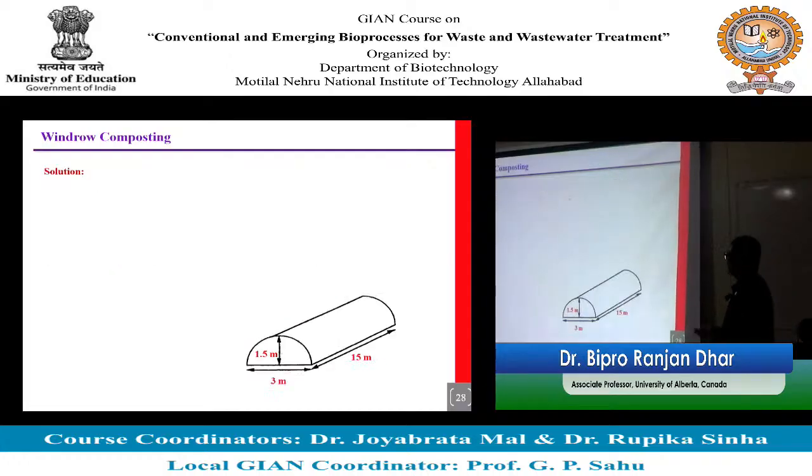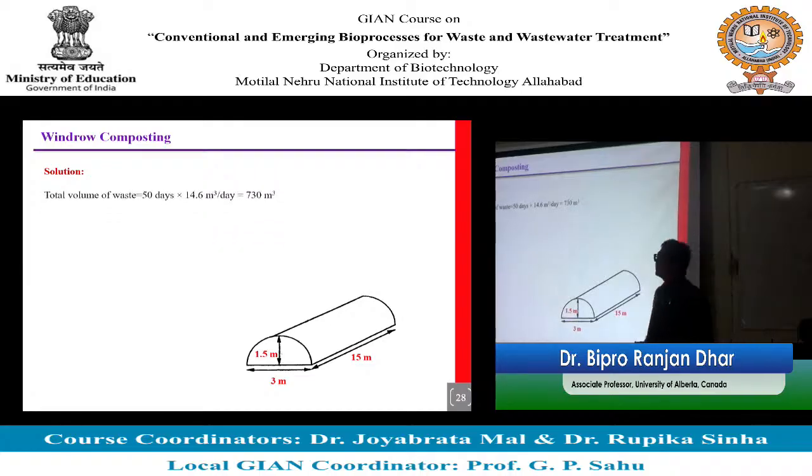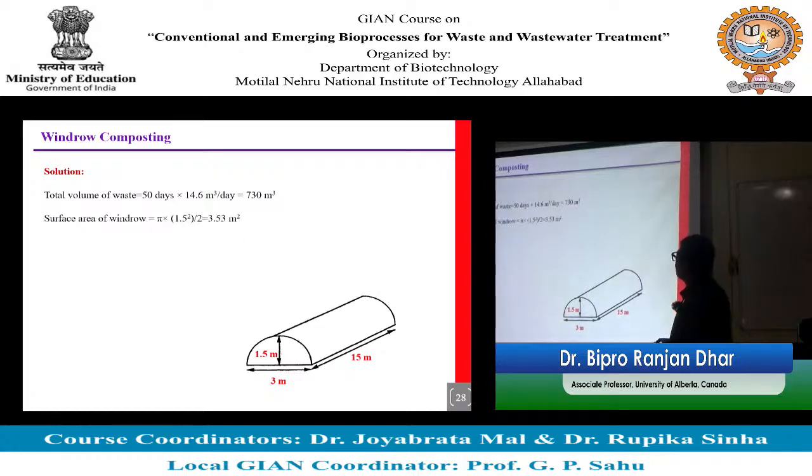So now let's see. First we have to estimate the total volume of waste that we are going to be dealing with. So 50 days multiplied by 14.6, so 730 meter cube. Now I can calculate the area of the semicircle, which is pi r square by 2, which is 3.53, and we know the length, which is 15 meter.